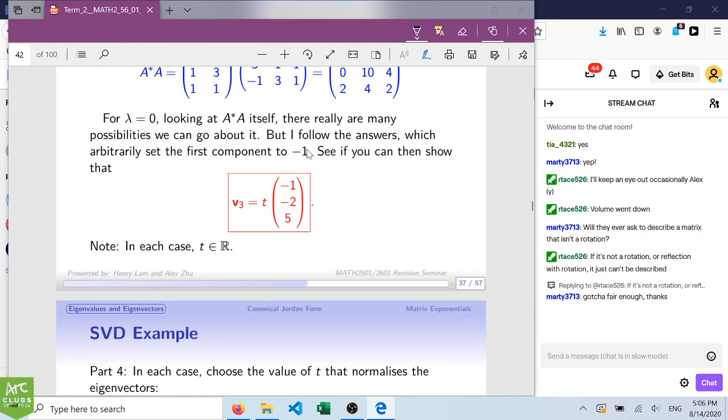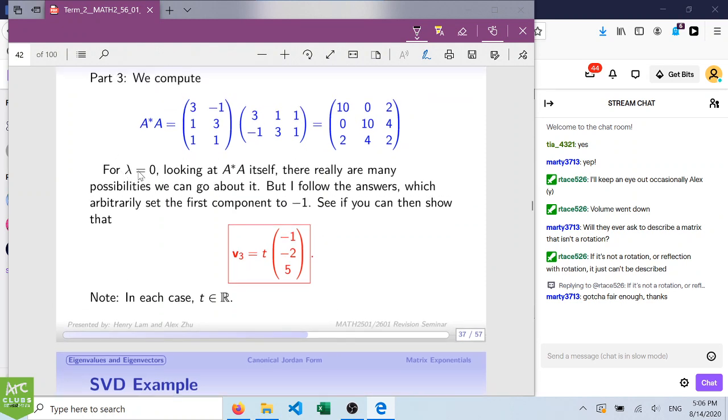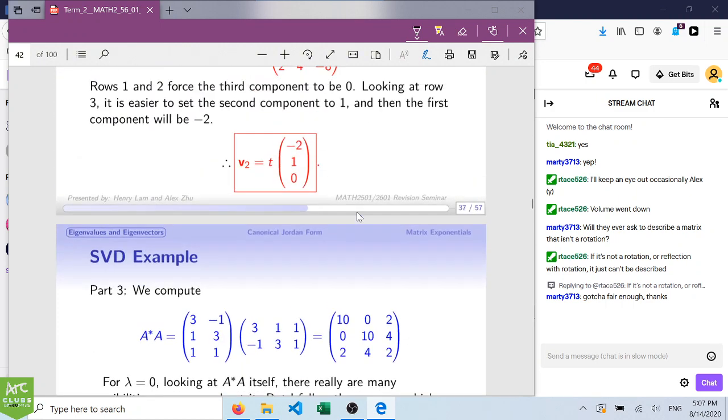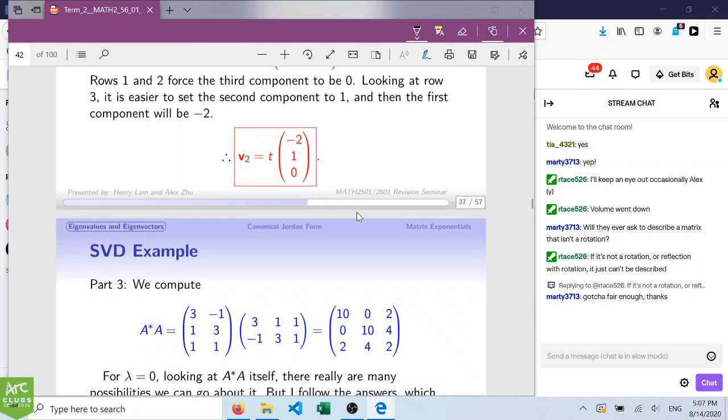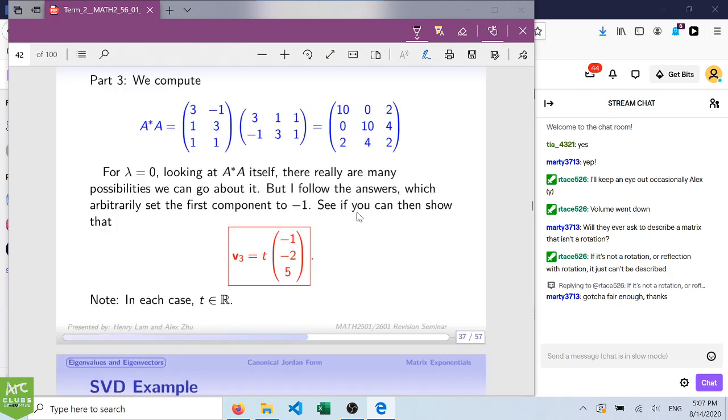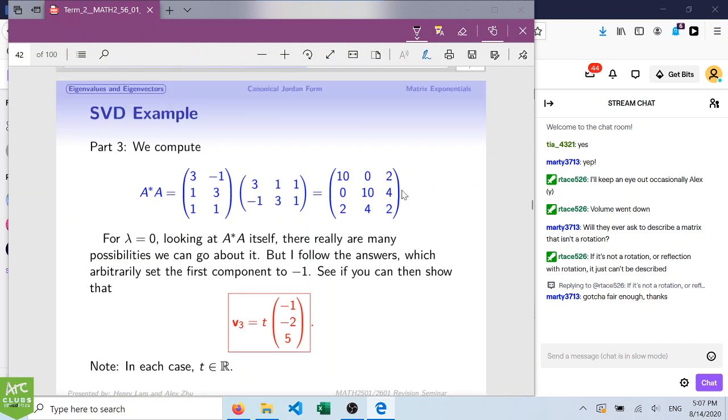And if the eigenvalue is 0, you actually can't solve for the vector v in the usual way, but an eigenvalue of 0 means the eigenvector is going to be the kernel of the matrix.